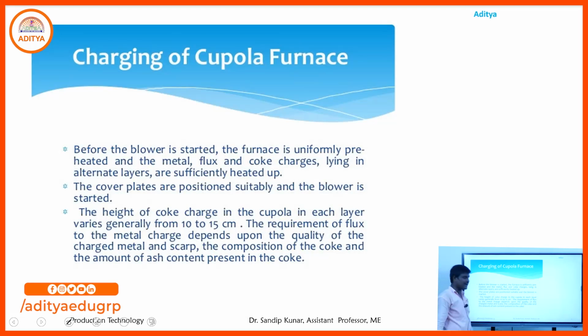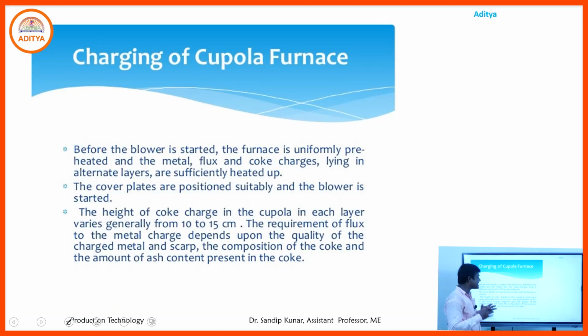Charging of the cupola furnace. Before the start of the furnace operation, what do we do? We take the flux, metal and coke. Those three things together are called the charge. We pass them through the charging door into the cupola furnace.